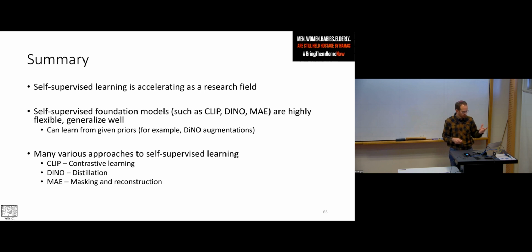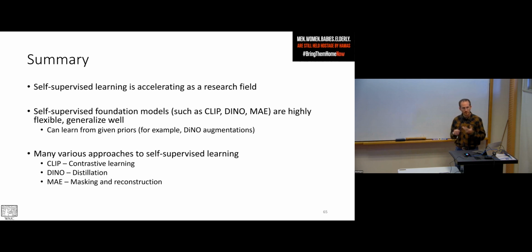We won't cover this in this course, but you can see advanced segmentation models and tracking models that are based on these self-supervised features. There are a lot of ways to do self-supervised learning, and we only covered these different directions of contrastive, distillation, and masking.